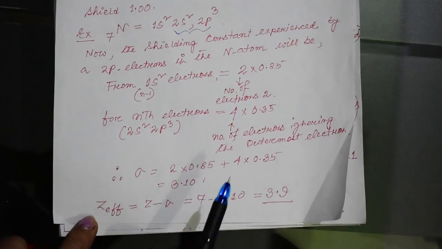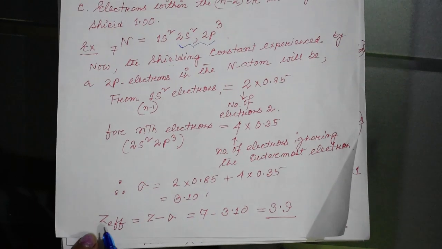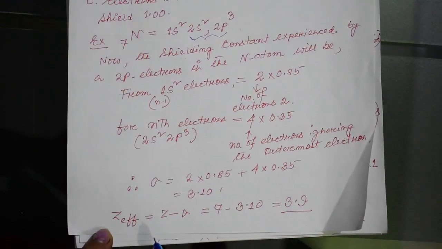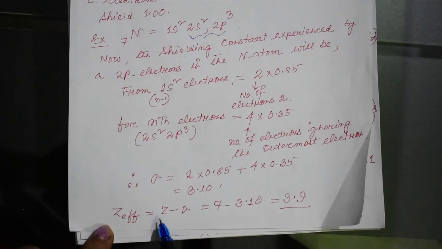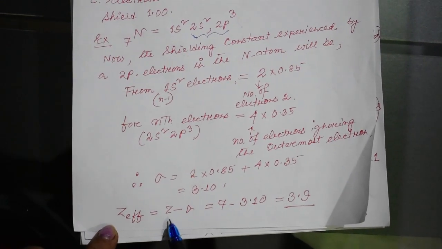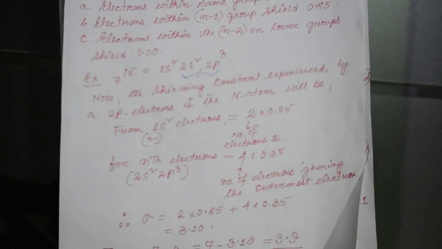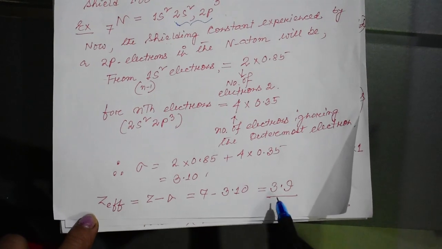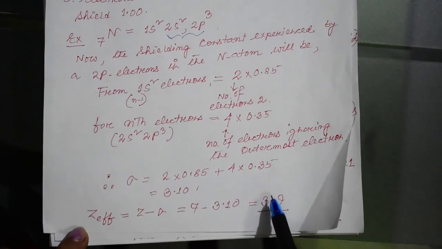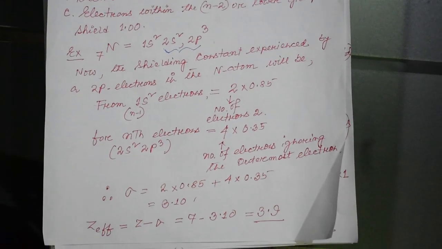Now, this will be the value for the screening constant. To calculate the effective nuclear charge, the screening constant will be subtracted from the actual nuclear charge. We know that for the nitrogen atom, the actual nuclear charge is 7. So, 7 minus 3.10 will be 3.9. So, 3.9 will be the effective nuclear charge for the nitrogen atom.